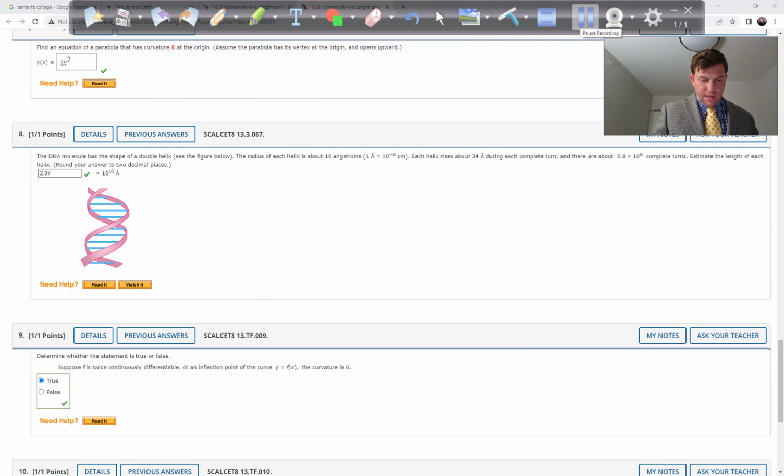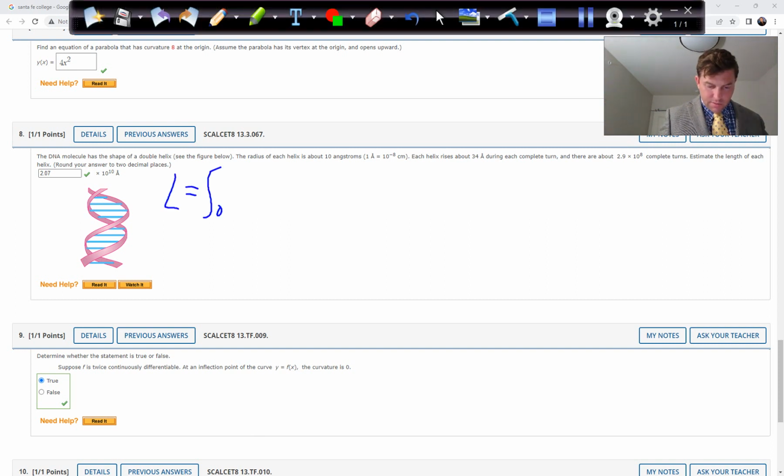Okay, problem 8 is a DNA molecule one, and so we want the length of the DNA molecule. So the setup looks like this. The length goes from 0 to this number here.